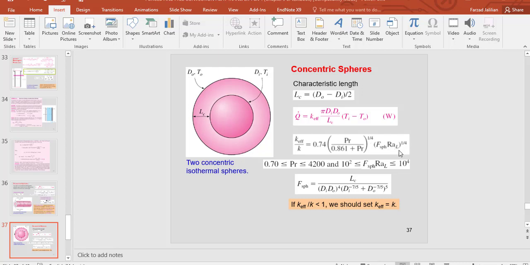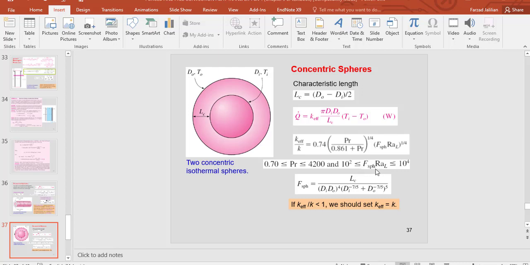So you can find the Rayleigh number by this LC and beta and other information which can be found from the information about the question. And also you should check these values. The Prandtl number should be between 0.7 and 4,200, and also this is the geometry factor for the sphere.